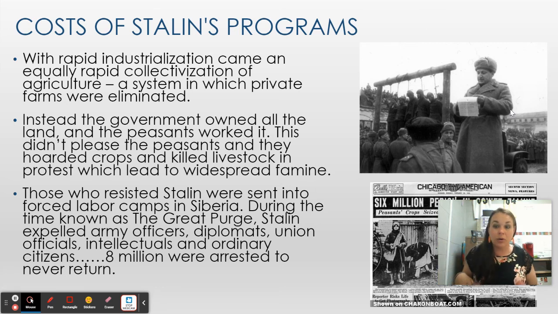Then came the Great Purge, which a lot of people also call Stalin's reign of terror. And I mean, he is going to kill everybody, all kinds of people. I mean, as it says, army officers, diplomats, union officials, intellectuals, just normal people.